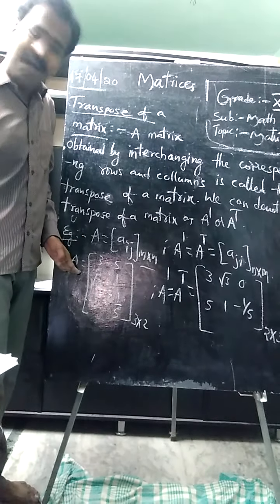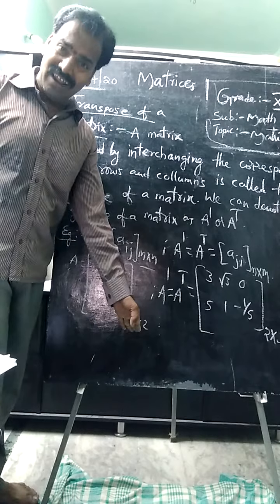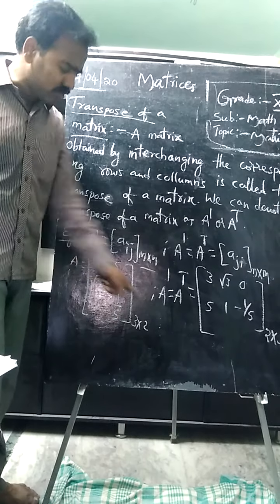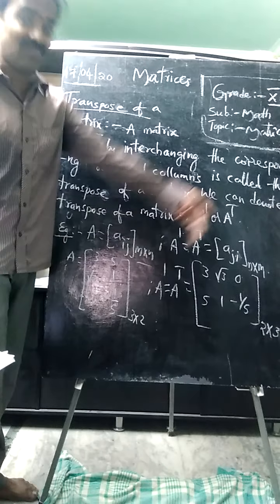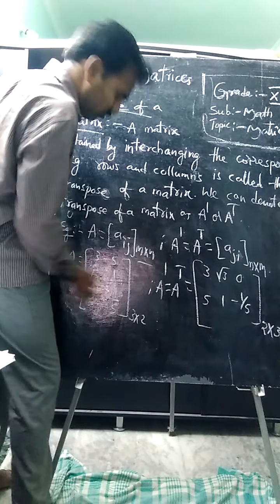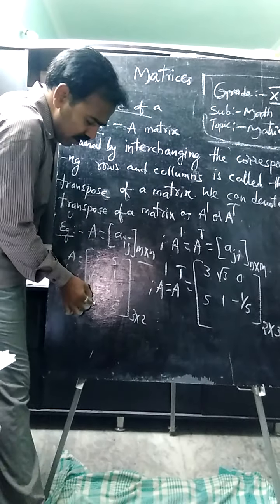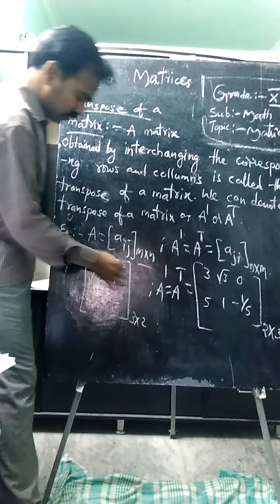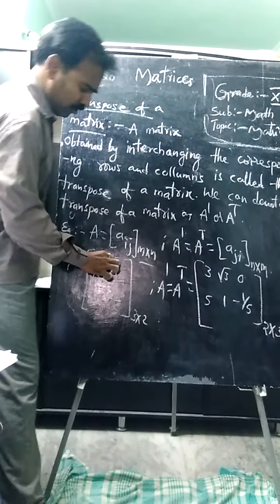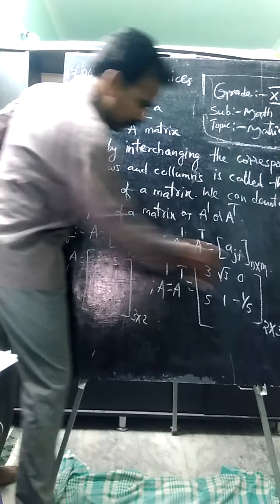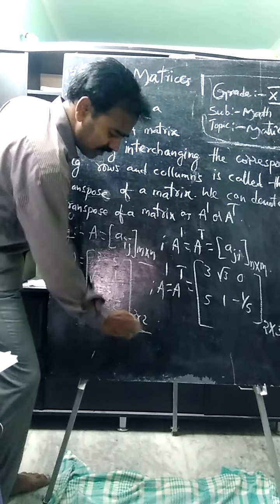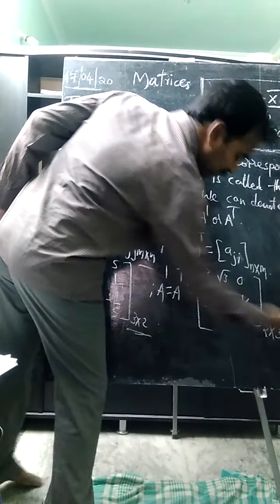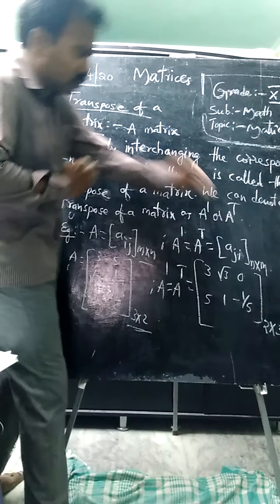Let us take a matrix A of order 3 by 2, I mean 3 rows and 2 columns: 3, 5, root 3, 1, 0, minus 5. Its transpose is 3, root 3, 0, and so on. This column becomes a row, or rows become columns. Writing rows as columns is called the transpose of a matrix. The order 3 by 2 becomes 2 by 3, because rows are converted into columns.